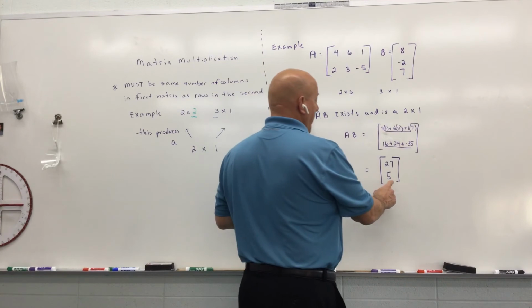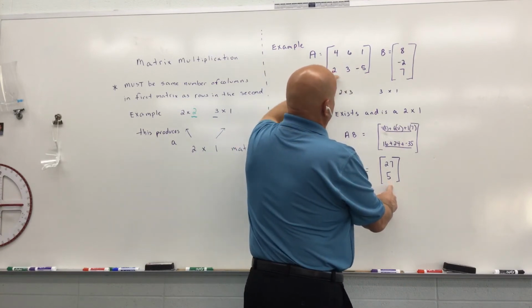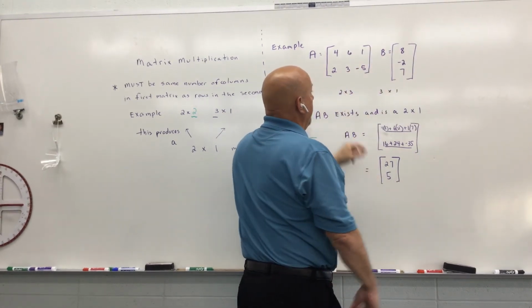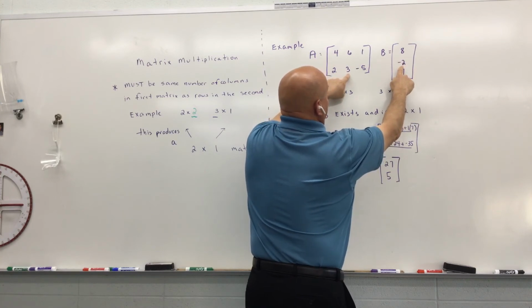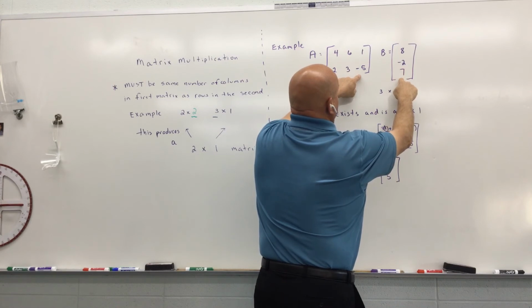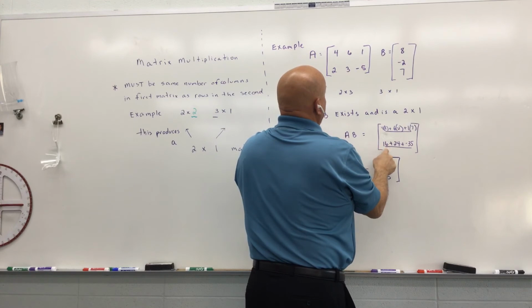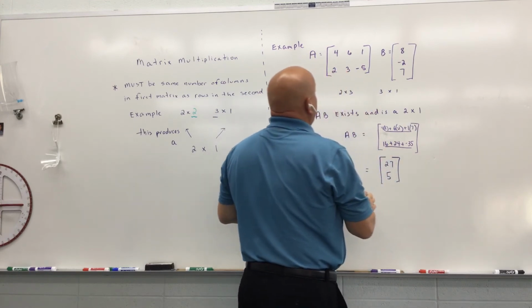In the second row, first column, I'm going to multiply the second row of matrix A times the first column of matrix B. So it's going to be 2 times 8 plus 3 times negative 2 plus negative 5 times 7. So 2 times 8 is 16. 3 times negative 2, oh, I made a mistake. That was good of me.